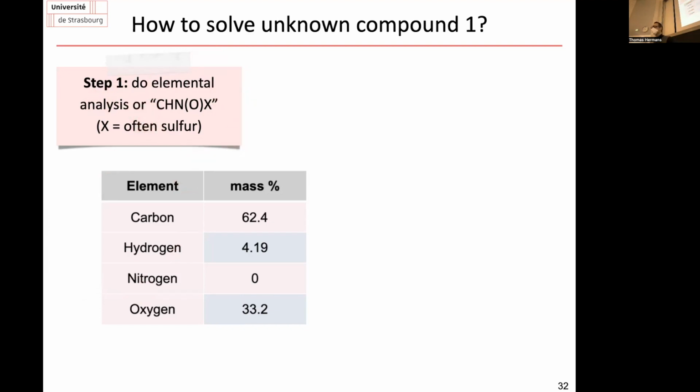So usually when you're in your internship and you're going to make some compounds, you know your starting compound. Otherwise it would be like voodoo chemistry, right? So usually you know your starting compound, so you have kind of an idea of the possibilities you're going to get. But let's, for now, just assume I give you a flask of some unknown compounds.